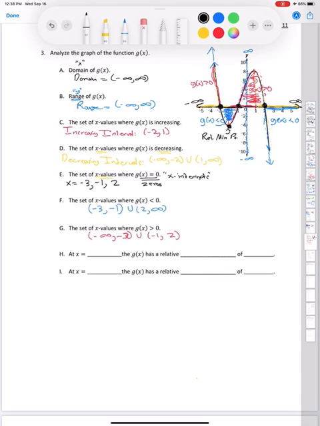What's happening at this point? The graph is changing behavior. It's changing from decrease to increase. It's a turning point in that graph. So that ordered pair, we're at -2, and the y-coordinate looks like -4. So (-2, -4) would be the point.